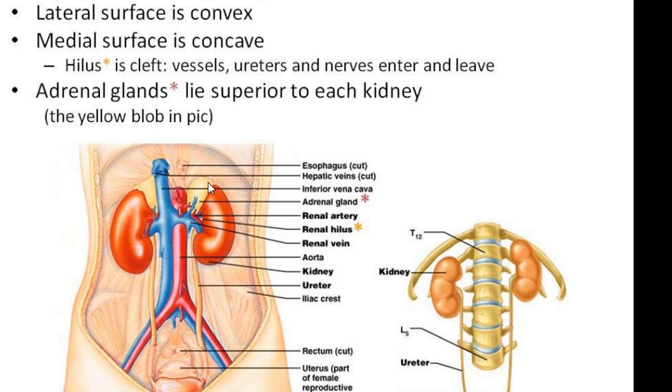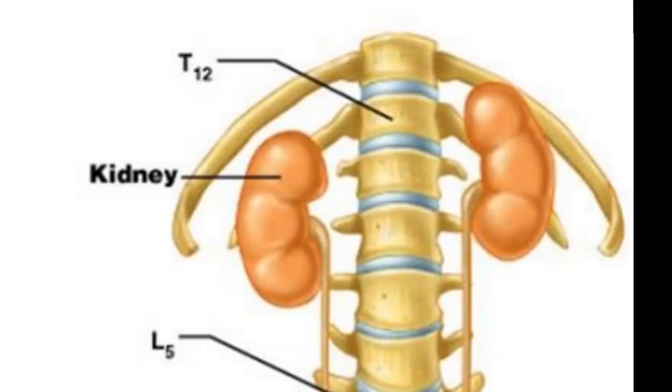The left is more superiorly located in contrast to the right one. The hilus, this area, is convex laterally and concave medially. The kidneys are bean shaped. They have upper and lower poles, medial and lateral borders, and anterior and posterior surfaces.